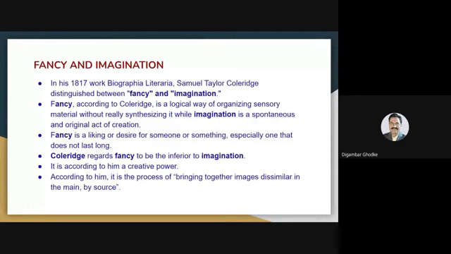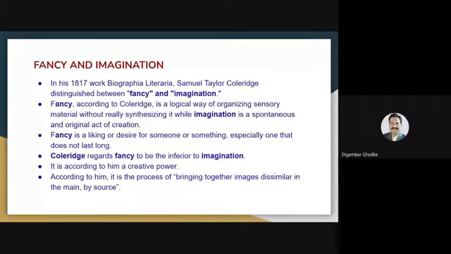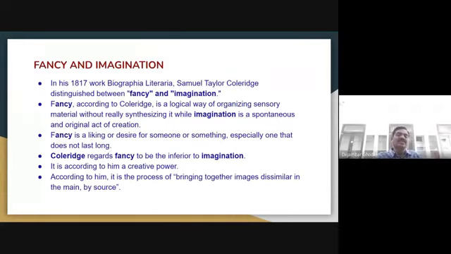So we are all familiar with Coleridge's Biographia Literaria. We have been talking about chapter 13 from this particular text on criticism, which was published in the year 1817. In this book, he distinguished between fancy and imagination.